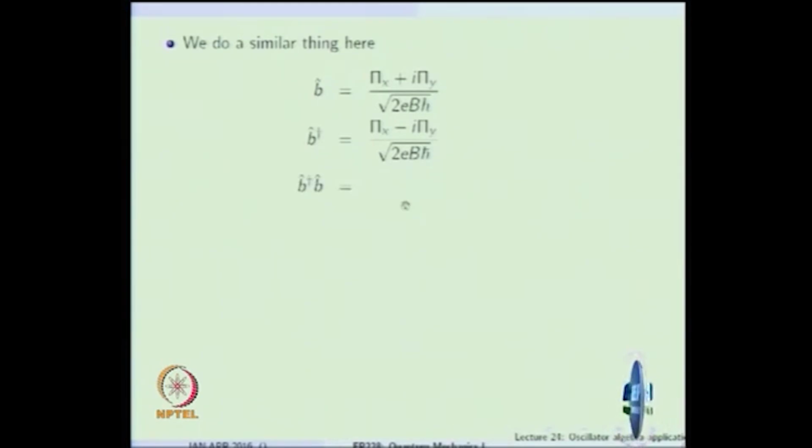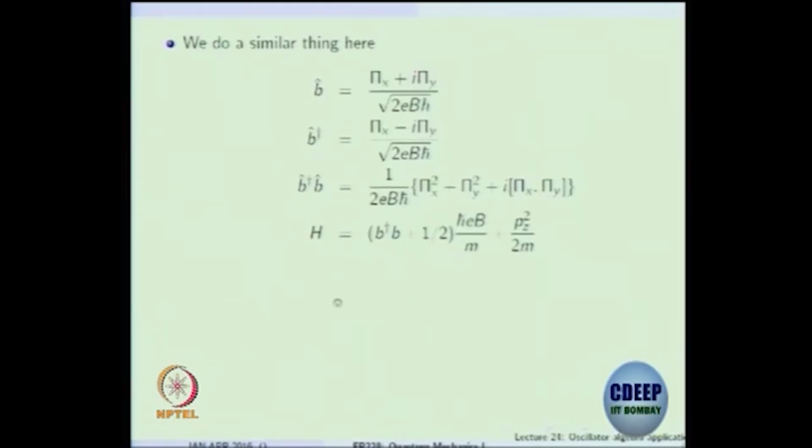If you try to find the commutator, please check it and you will be able to show that this is identity, and also construct the number operator, which is B dagger B. It turns out to be, please verify this, but we need in the Hamiltonian pi x squared plus pi y squared, so you can take this term to the left hand side and rewrite your Hamiltonian.